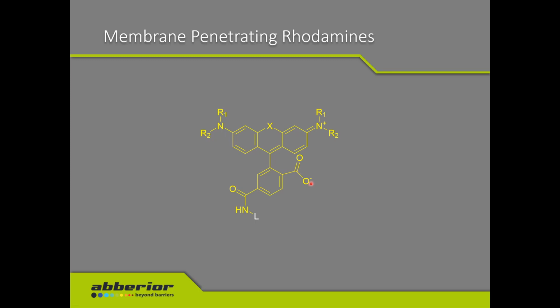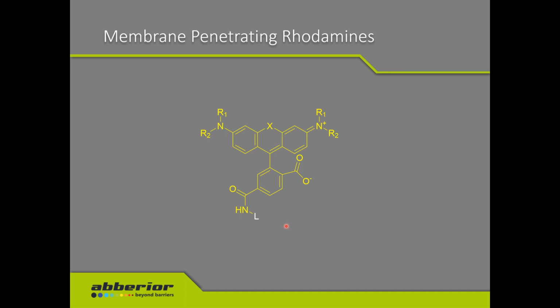This one is quite important, I will come to this in a second. And another carboxylic acid, or already an amide here, where we can label our ligands or small molecules or reactive group to it, creating all in all a live cell probe.